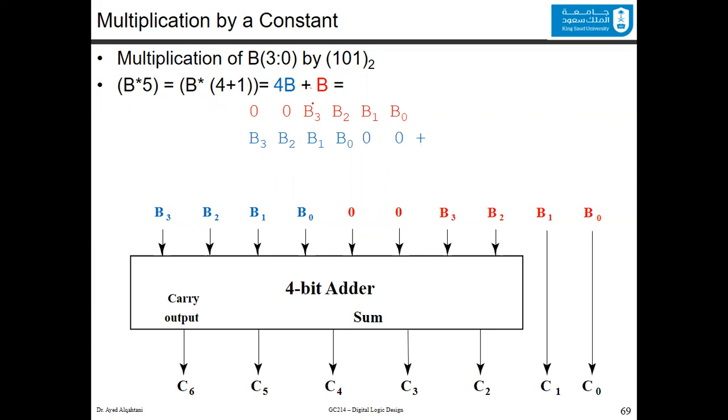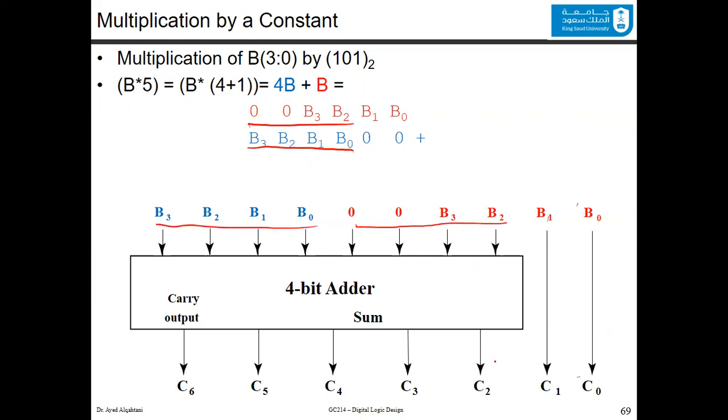And then you do simple addition. So you have a version of b added to the version of b that is shifted to the left by 2, which indicates b times the constant 4. And then you do the design in hardware simply by generating b0 directly, b1 directly, and then you sum up those 4 digits with 4 digits using a 4-bit adder this way.